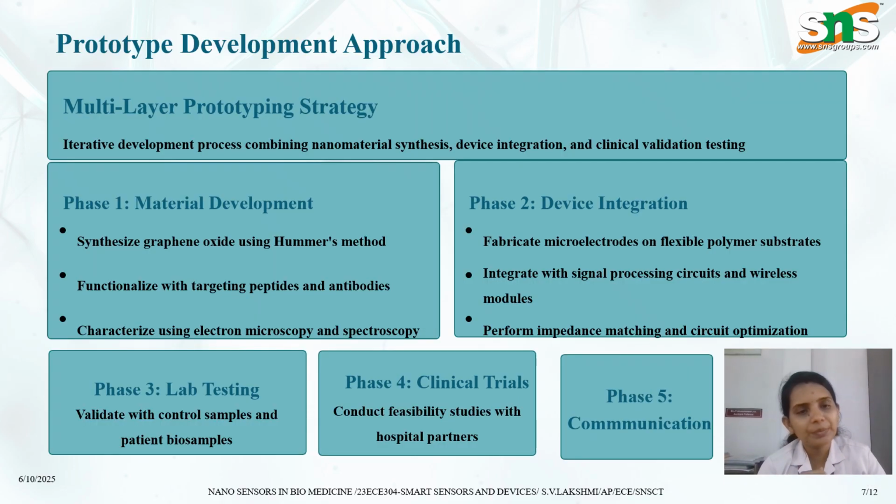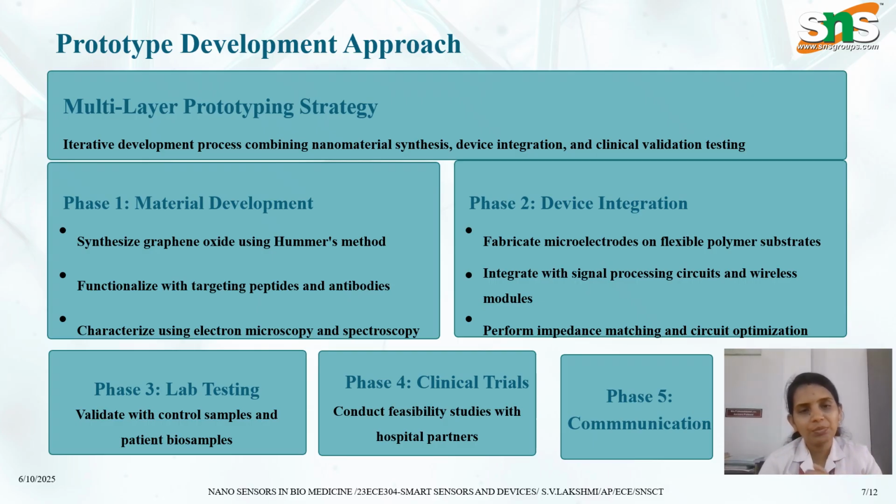For prototype development, we focus on five phases: material development, device integration, lab testing, clinical trials, and communication. Material development uses graphene oxide, synthesized with Hummers' method, along with technologies like electron microscopy and spectroscopy.